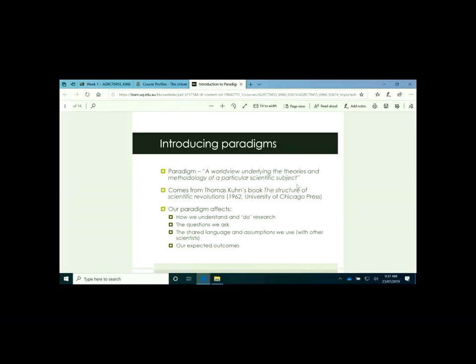Each discipline of science has a different set of methodologies that they use to investigate the world around us. They also have a different set of theories about how the world works and how they see themselves as a researcher in relation to what they are working on.